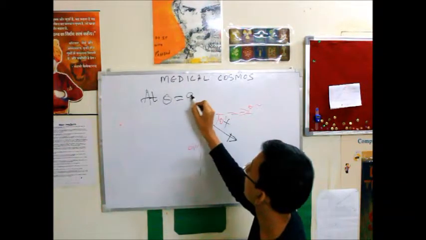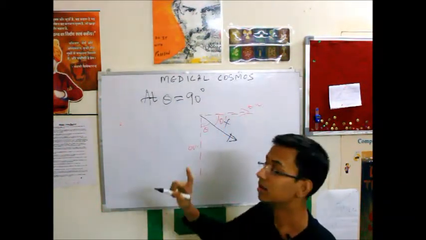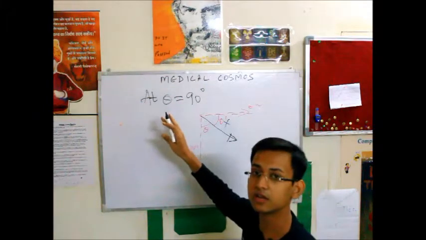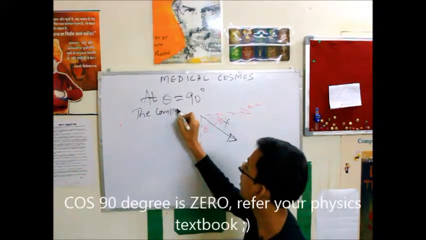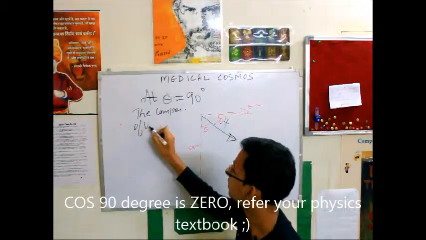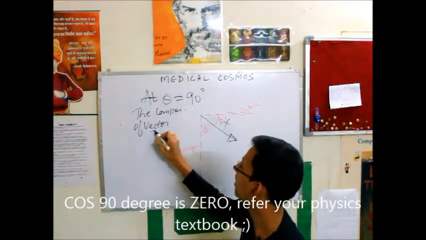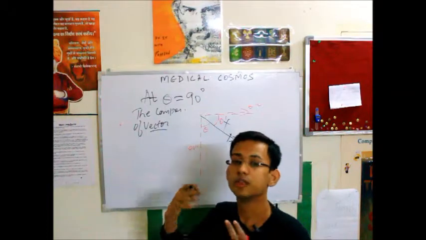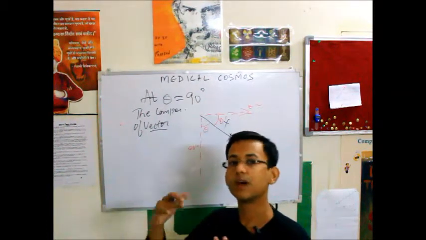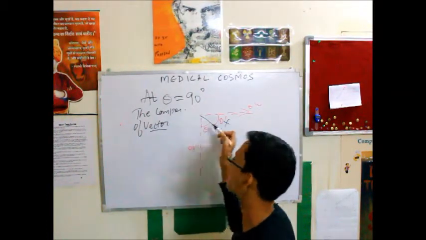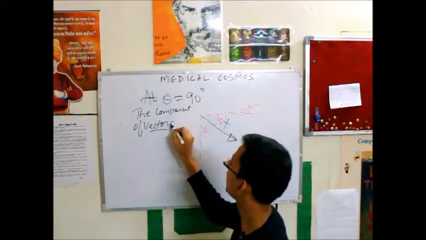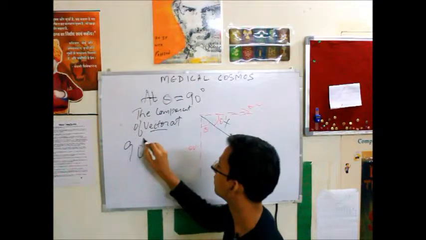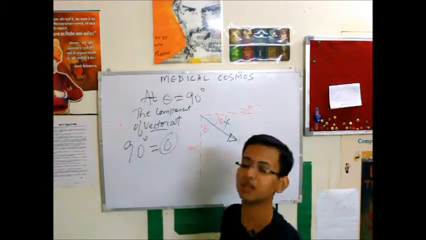At theta equals 90 degrees, just listen to it, the component of the vector we are dealing with, for example the QRS axis vector, here any vector x, the component of the vector at 90 degrees would be 0.